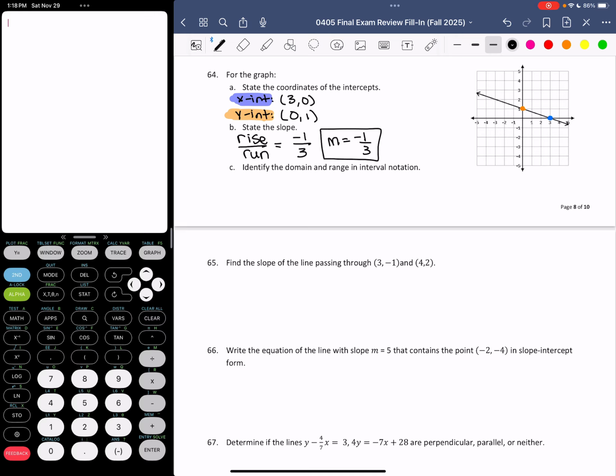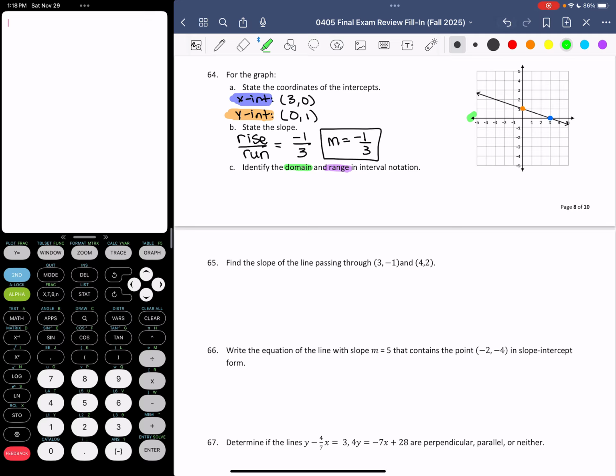Okay, identify the domain and range. Okay, in interval notation. So your domain, this one, range, this one. Okay, so if you're looking at your graph here, because it's a slanted line, the domain and range are both going to be -infinity to infinity, because looking at your graph here, it goes forever to the left.